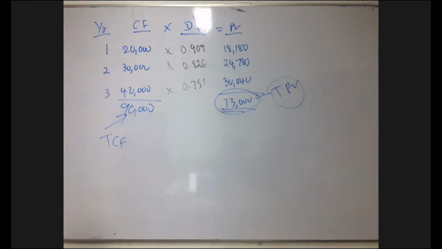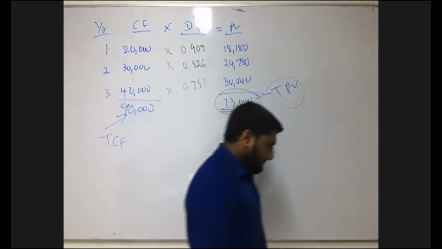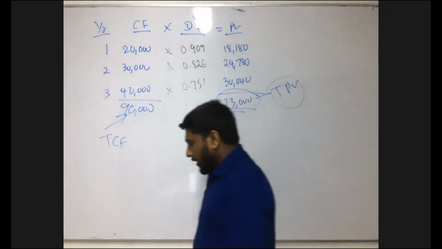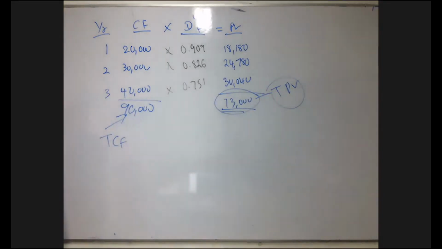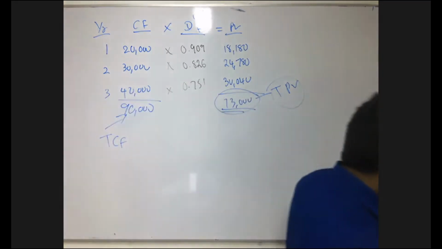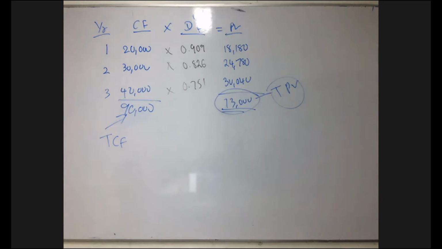Year 1, 10,000. Year 2, 10,000. Year 3, 10,000. Rate is 5%. Calculate the total present value.